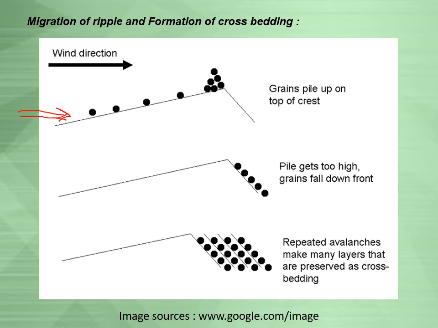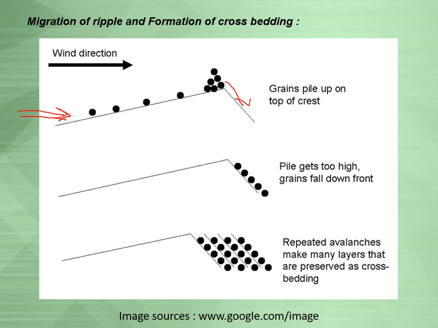Now when there is slope failure, that means when these sediments are piled up and the pile cannot sustain the weight, or the angle is greater than the safety factor, then these sediments collapse and are deposited on the leeward side. So these sediments collapse on the leeward side and are deposited this way.